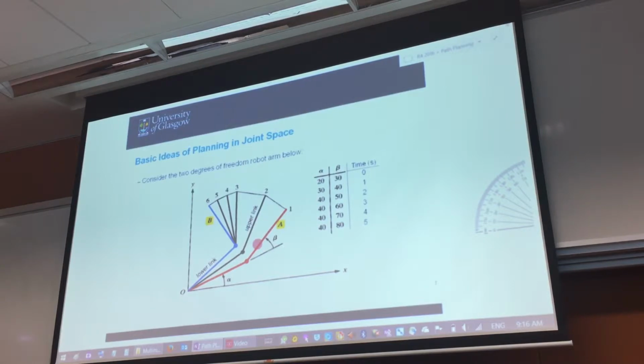In order for me to move from position A to position B, I can distribute this motion into steps. Say, for example, my motor can only move in step size of 10 degrees per signal. So whenever I give it a signal, it can only move with 10 degrees resolution.